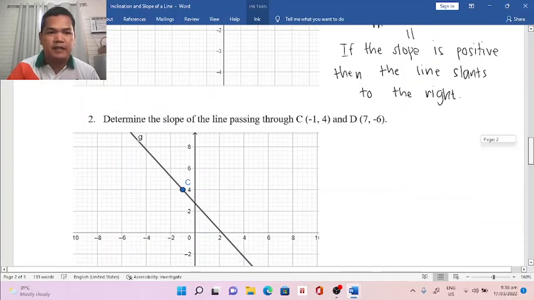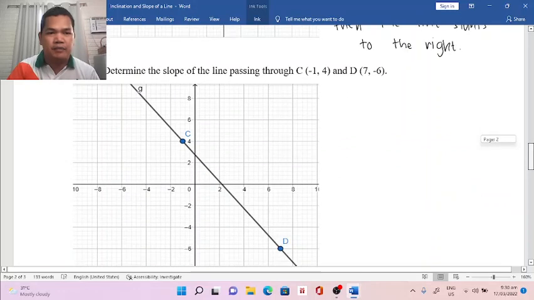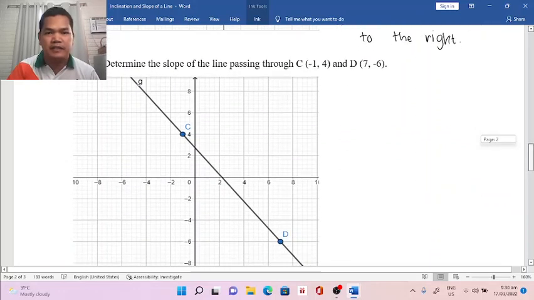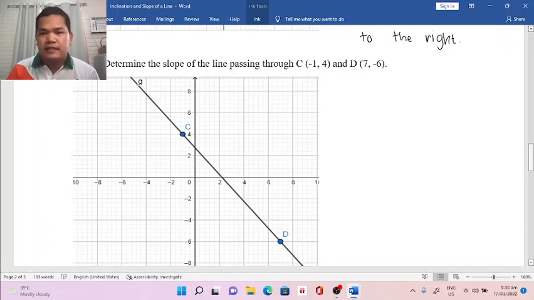For the second example, we are asked to determine the slope of the line passing through C, negative 1, 4, and D, 7, and negative 6. So we have here the line, and as you can see, the line slants to the left.